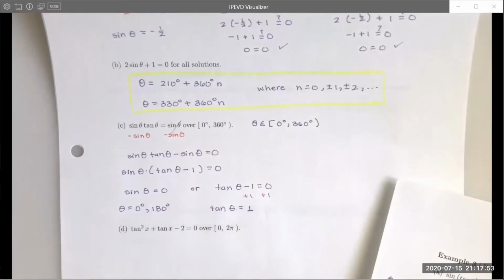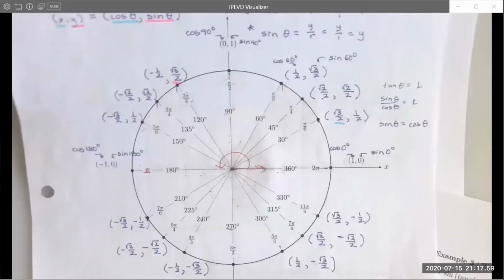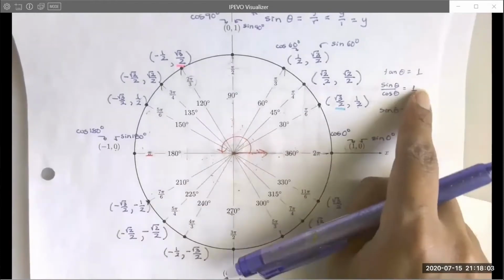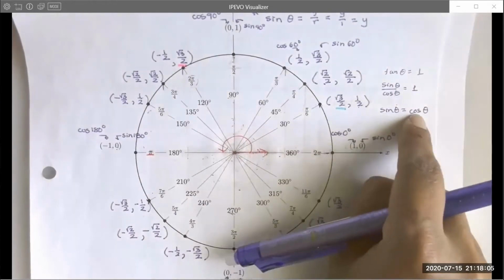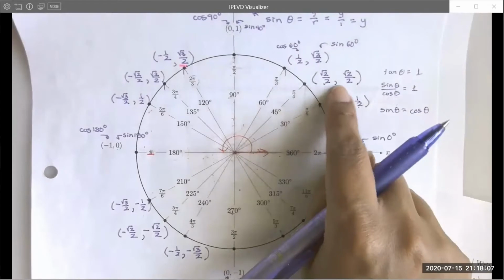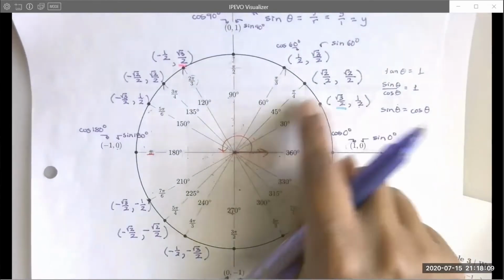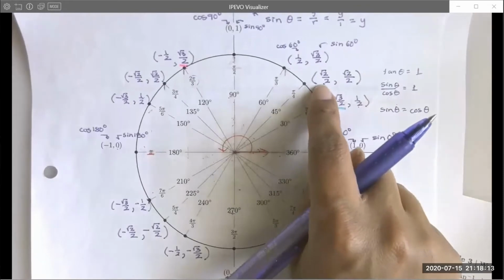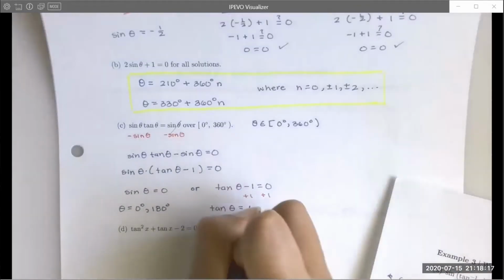Again, we can try and narrow it down. Tangent theta is positive in quadrants 1 and 4. So in quadrant 1, the place where tangent is 1 is the place where sine will equal cosine. So that's pi over 4 or 45 degrees, because if you take radical 2 over 2 and divide it by itself, it's just going to be 1. So 45 would be one of the angles.